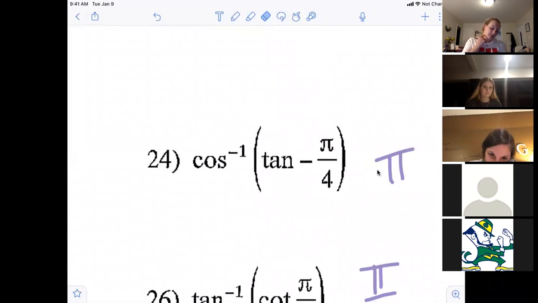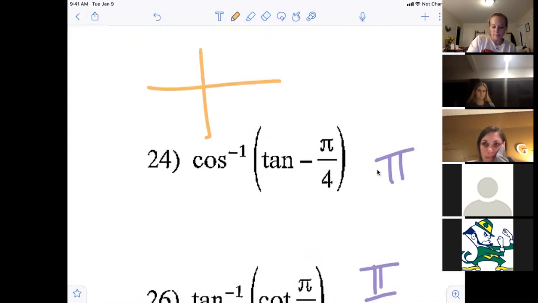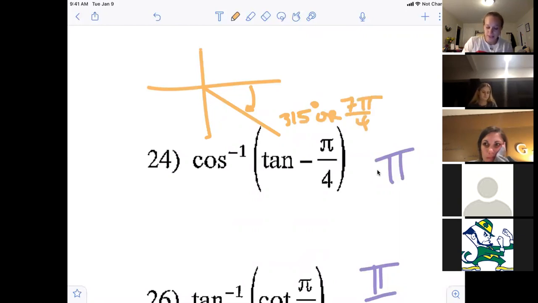Okay, so this is another one of those negative angles. If you don't like seeing negative pi over 4, think about going backwards pi over 4 this way. That would be the 45-degree angle in quadrant 4, so that's either 315, or you can think of it as 7 pi over 4. It says we want to do tangent of that.